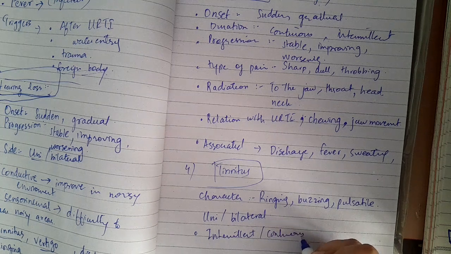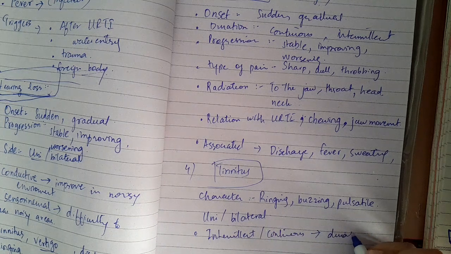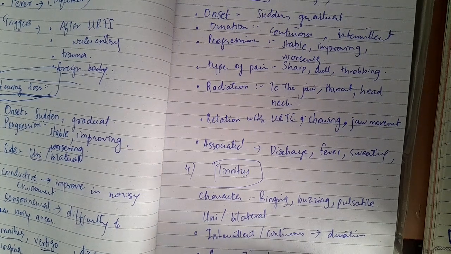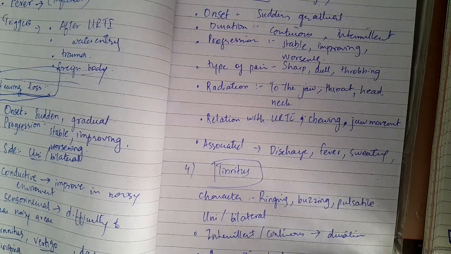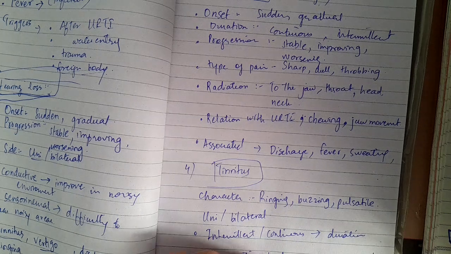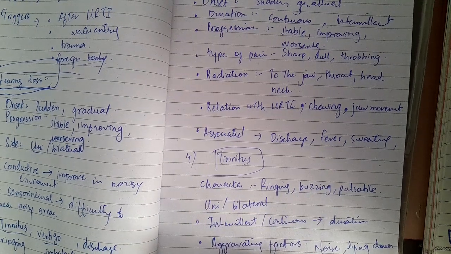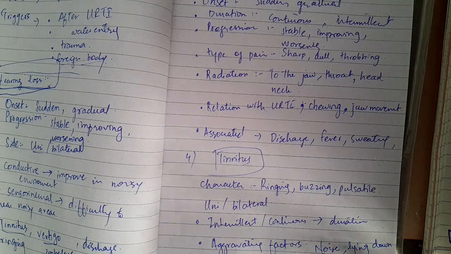And this is the duration. Next, I move on to the aggravating factors. Why does it increase? Does it increase in the presence of noise, or does it increase when lying down? Okay. Next, I will ask whether it is associated with vertigo or hearing loss or pain. Okay. So this is the history of tinnitus.